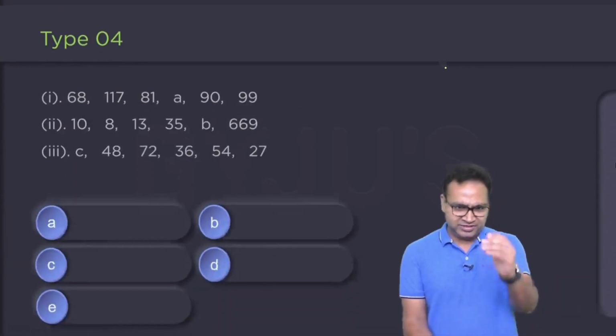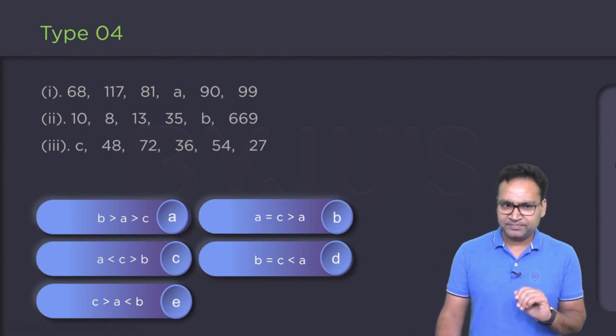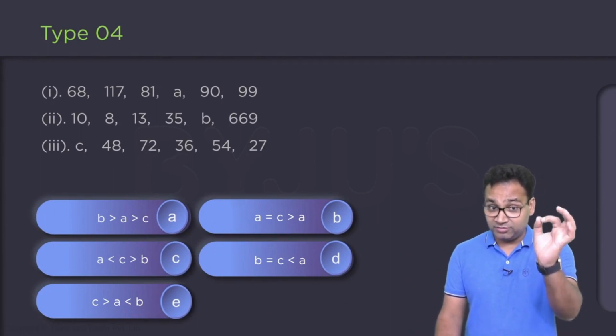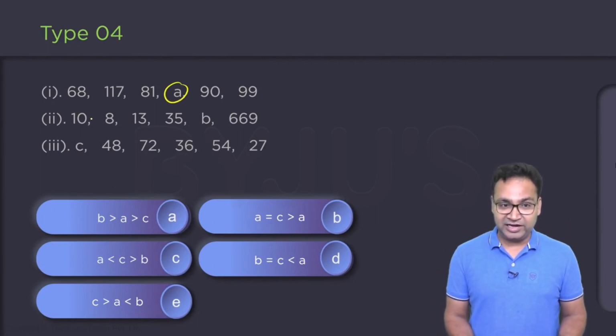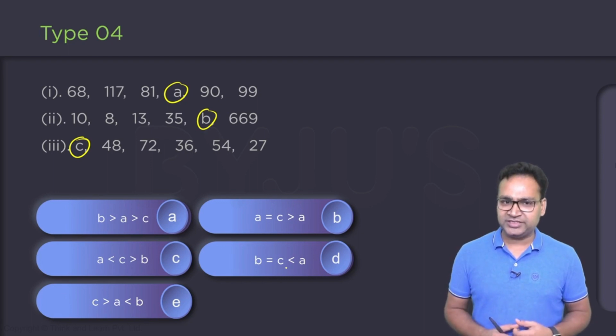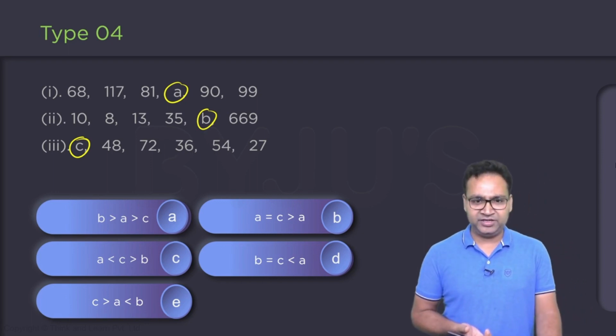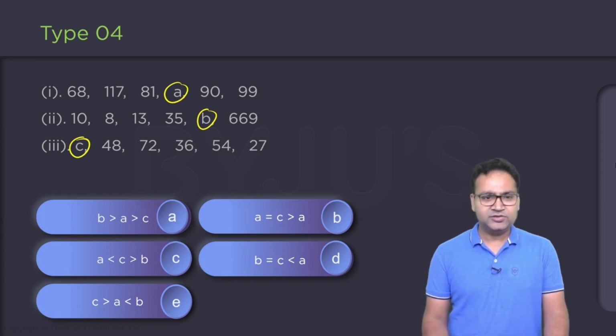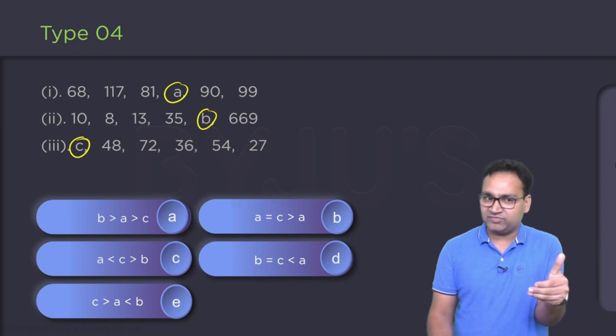Okay, so these are the 3 number series given. We have to figure out the value of A, the value of B and the value of C, and then I have to create a relationship between A, B and C. I hope you understood the style, you understood the question, right? Okay, so let's look at each number series one by one.